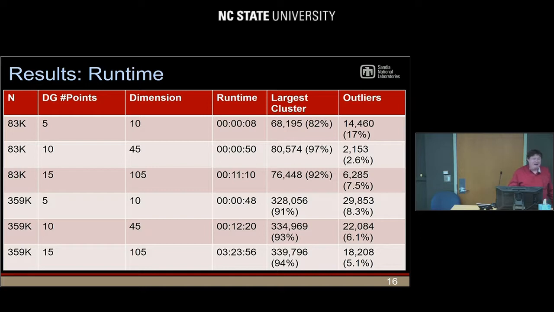That's 95% or more of this data set. So yeah, we really do need that notion of outliers, and we really do need the ability to create unbalanced clusters. I don't want to spend any of my time on that 95% of the traffic that's dead boring. I want to find the interesting stuff.